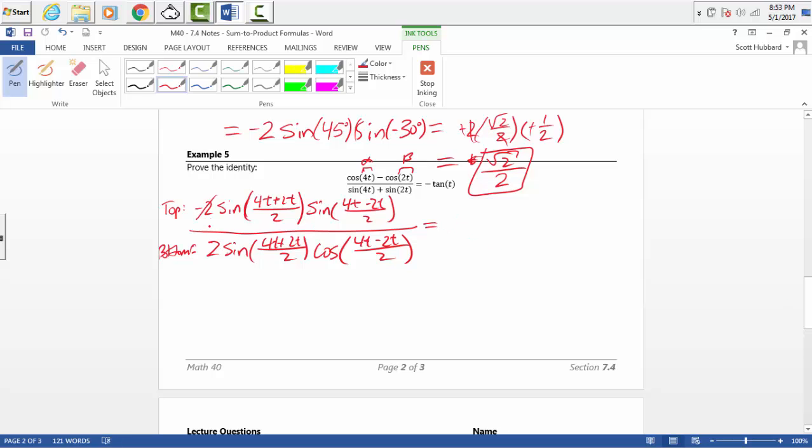Okay, so these cancel, and so I'm left with negative, and this is 4 plus 2 is 6, so sine of 6t over 2 times sine of 2t over 2. I feel funny saying that, 2t, sounds weird. Okay, then we get sine of 6t over 2 times cosine, 4 minus 2 is 2t over 2.